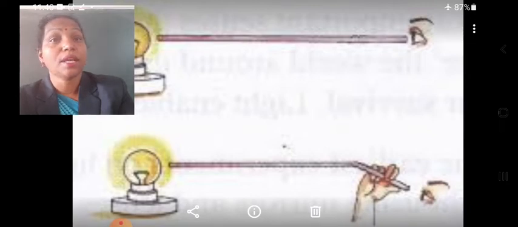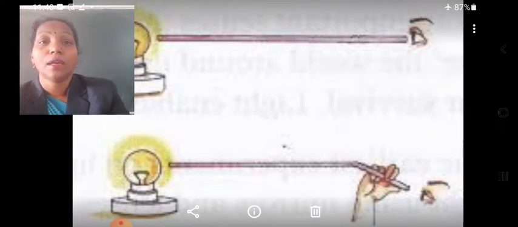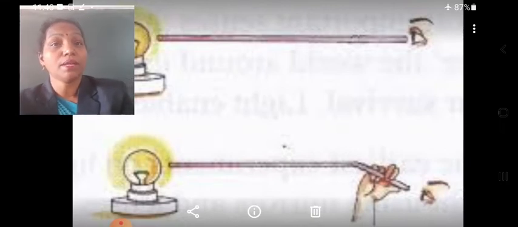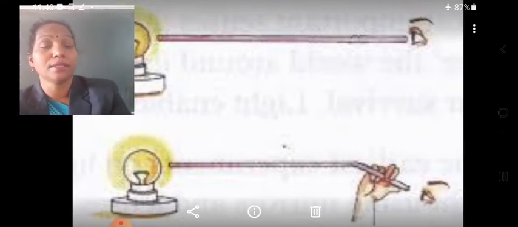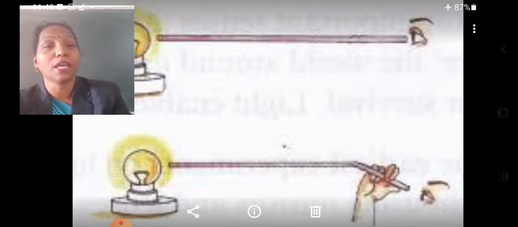We can see the bulb through the straw because the straw is straight and the light rays come from the bulb straight towards our eyes. But now we bend the straw, make a bend in the straw, and try to look at the bulb. Then we understand that we cannot see the light of the bulb.